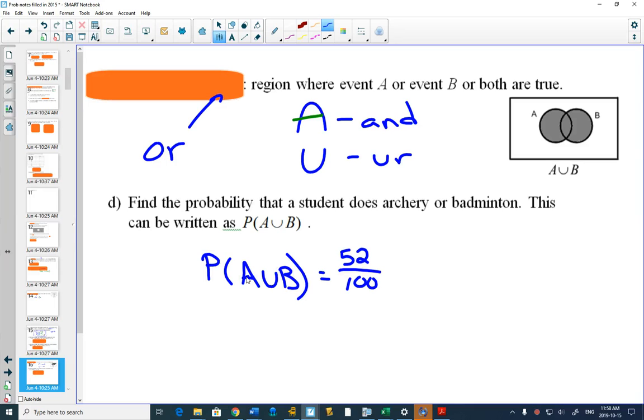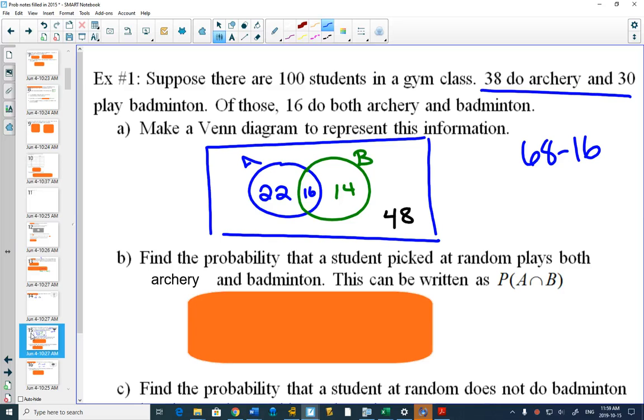Again, I didn't reduce this because we can see the answer out of the 100 students. This one is fairly straightforward. The key is, can you take the information, draw the Venn diagram, and fill in numbers in each of the sections?